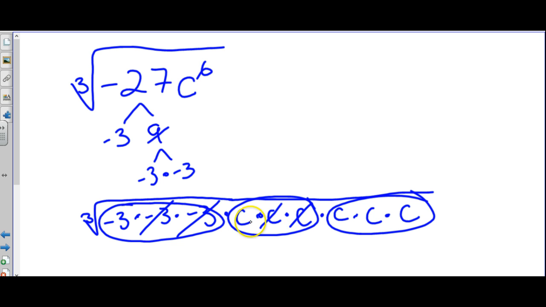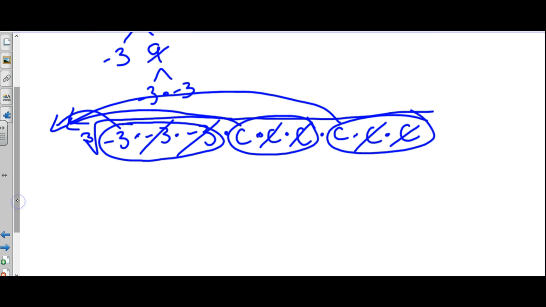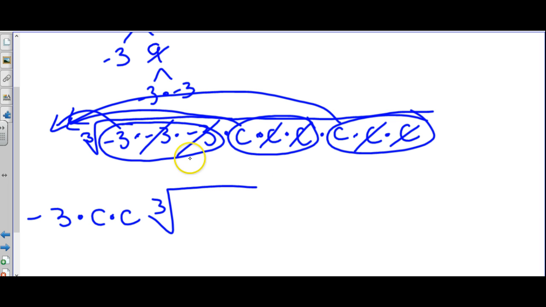If there is a group of 3, then 2 would cancel out, 1 is there. Group of 3, 2 would cancel out, 1 is there. And the one that didn't get canceled out is moved to the outside of the radical. So we have negative 3 times C outside, and then there was nothing left inside because it either all got moved outside or it canceled out, which means we don't need the cube root symbol anymore. And we just have negative 3c squared.